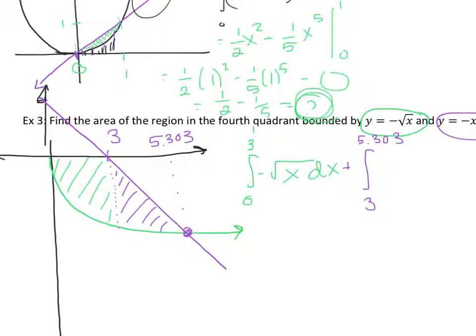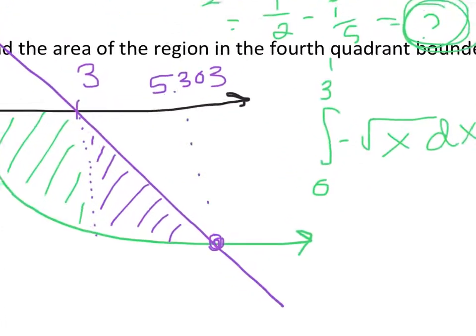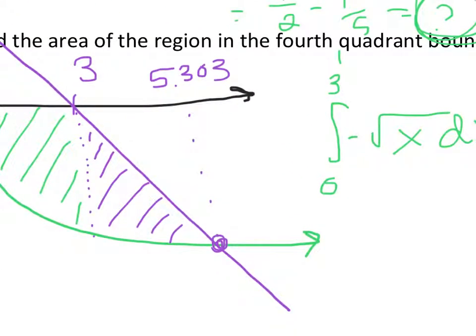Okay, so let's look at that section carefully to figure out which curve we're going to subtract from the other. Let me zoom in for a second and grab some more colors. This curve right here is the square root curve, negative square root of x. If I were to calculate the area under that curve, I'd go all the way to my x-axis.